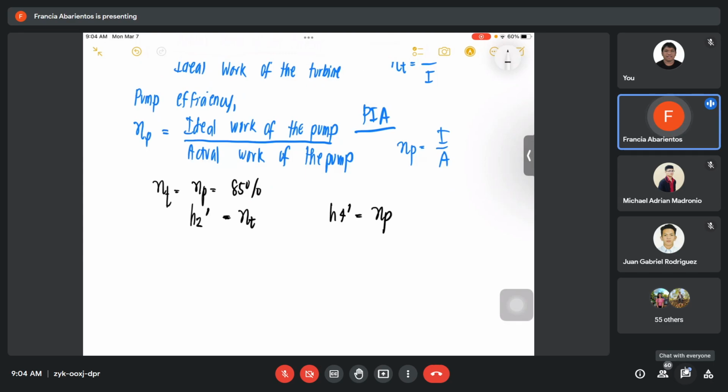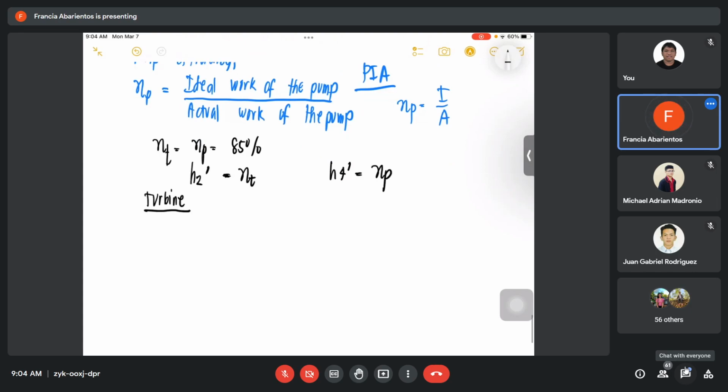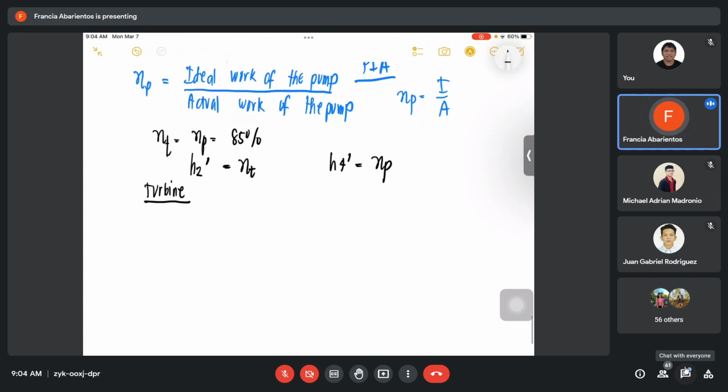Ano yung gagawin mo? We all know that the pump of the turbine, punta muna tayo sa turbine. Turbine. Okay. Di ba alam natin that the work of the turbine, yung ideal, we have H1 minus H2. Sa pump natin, we have H4 minus H3.